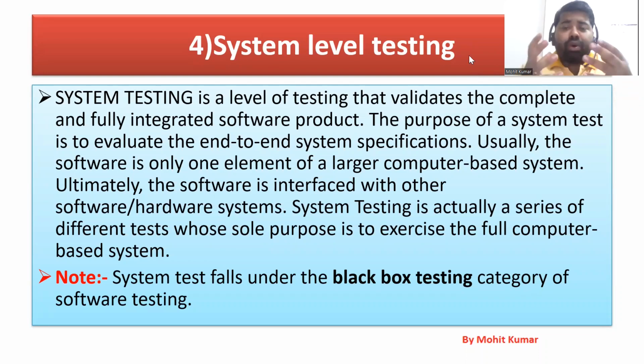Say you are using a mobile and a smartwatch. You connect your smartwatch with your mobile app, and while doing the connection we have a system interaction. After pairing, you have to test whether the software is working properly or not. So here we have a system with your product.